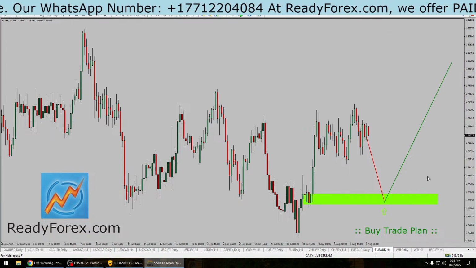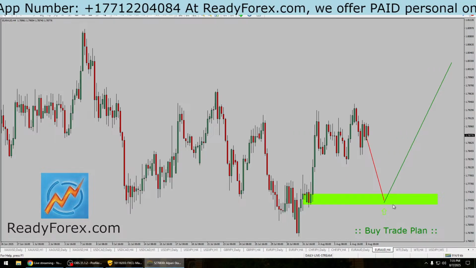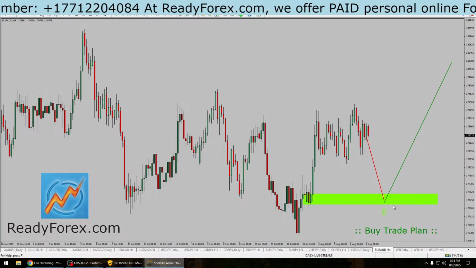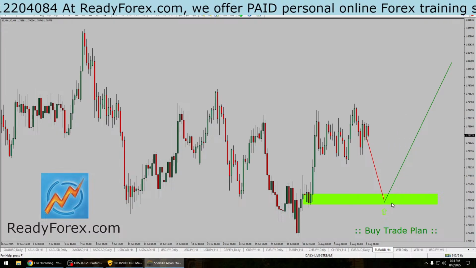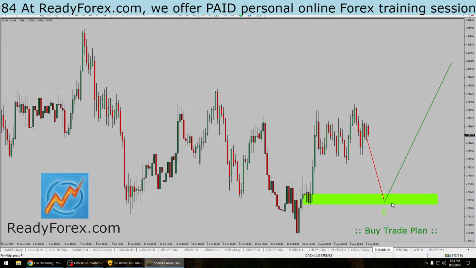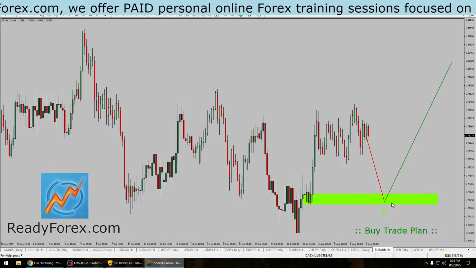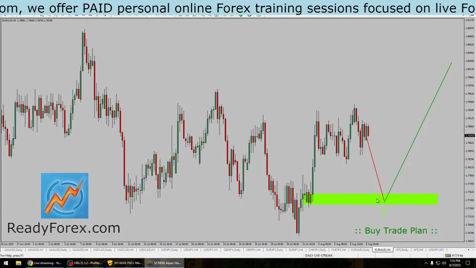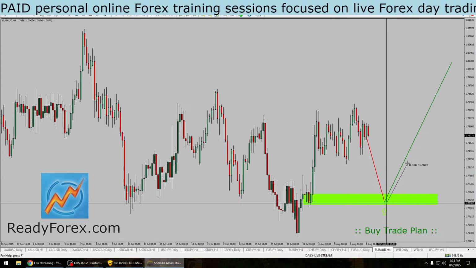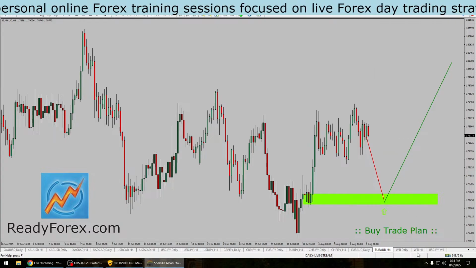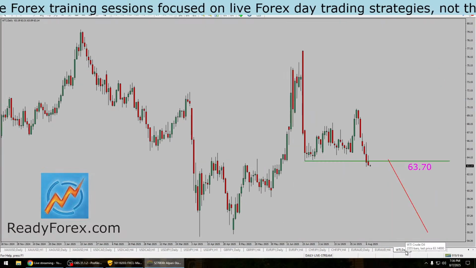But it also depends that market should bounce from this low over here. If you do not get any kind of a reaction low over here, obviously no buy trade. Market needs to drop first and then show some sort of a bullish pattern. Okay, then look for a potential buy trade setup. Otherwise, wait outside.